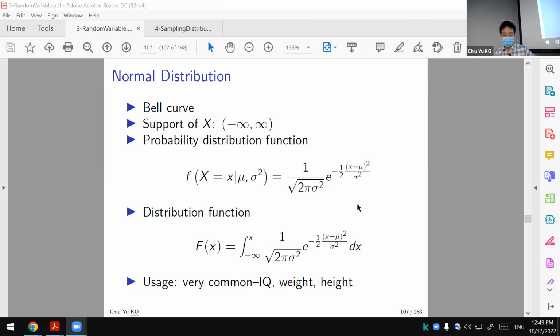The bell curve is indeed a very common thing, and we'll explain 2 weeks later why we have normal. The reason is what we call the central limit theorem. Just to remind you, it is because IQ, weight or height are determined by many factors.